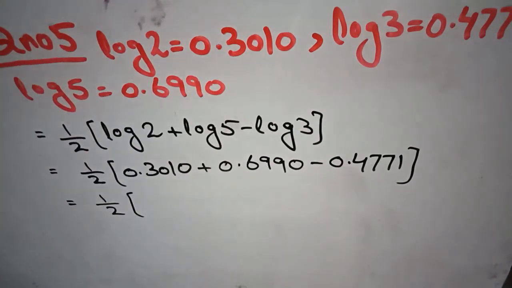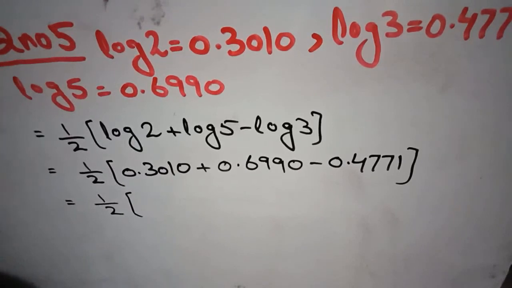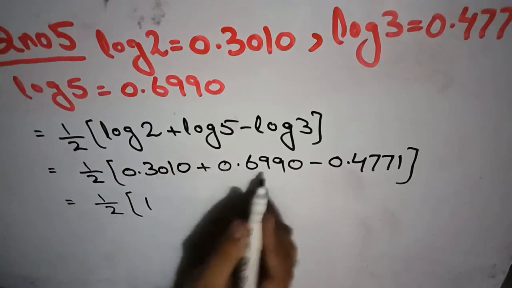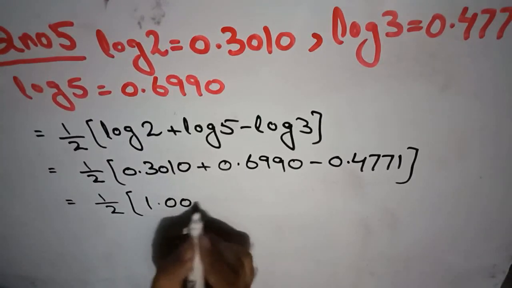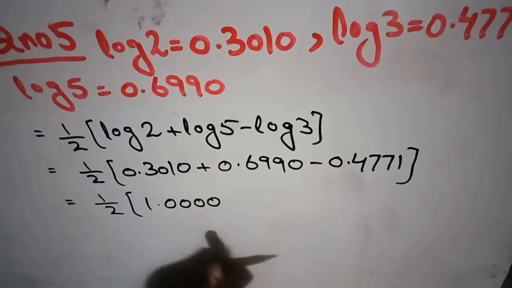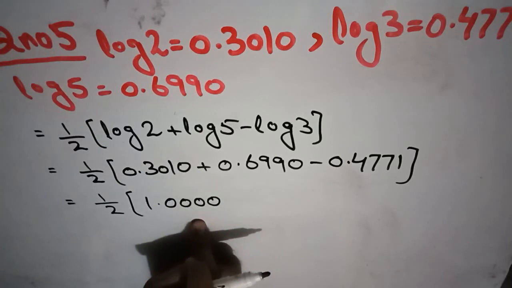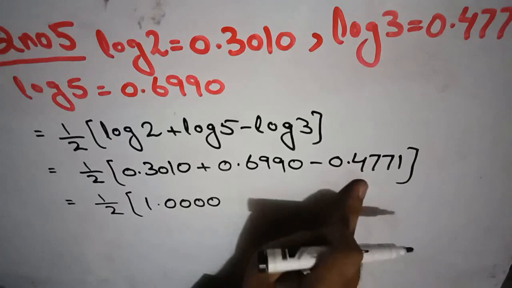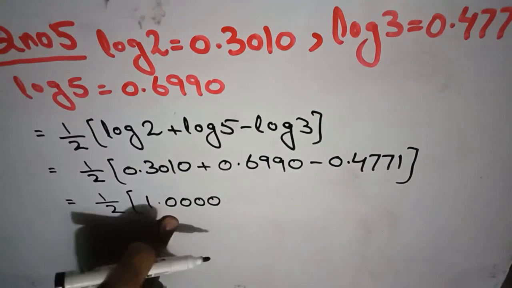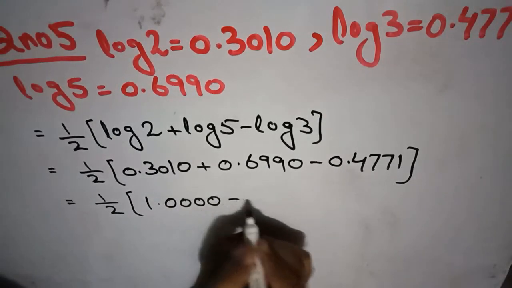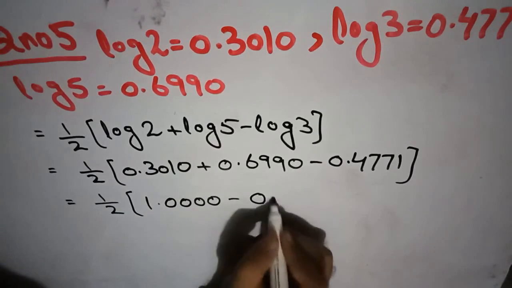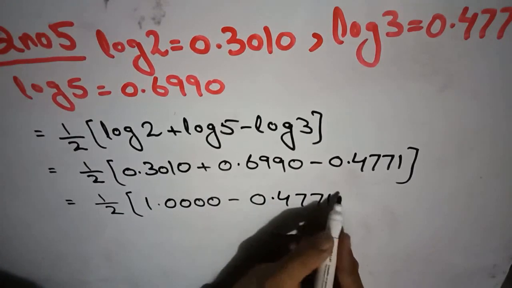By adding these values, we will get 1.0000. I am just placing the 0s to make sure that this value will be subtracted from this value. Simply you can subtract it with the help of the calculator, 0.4771.